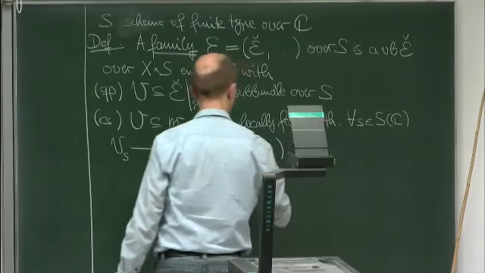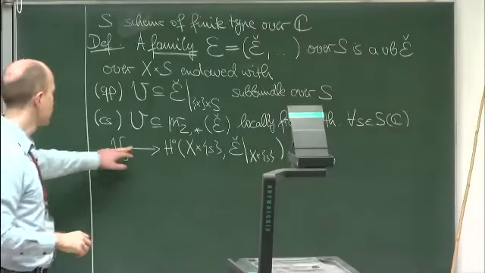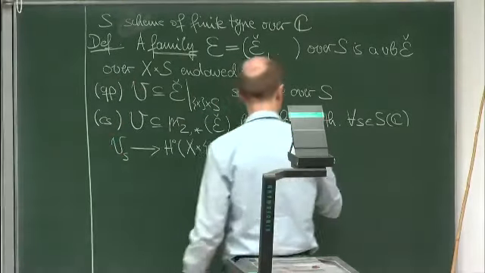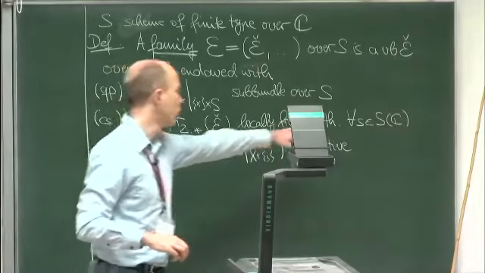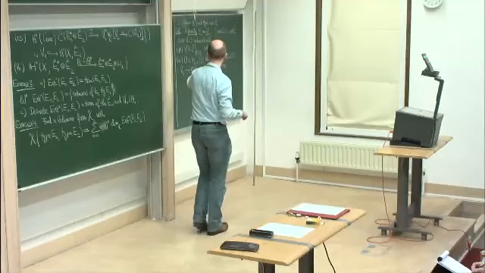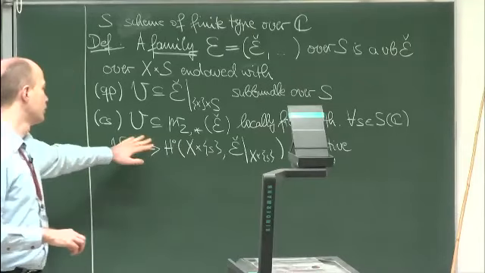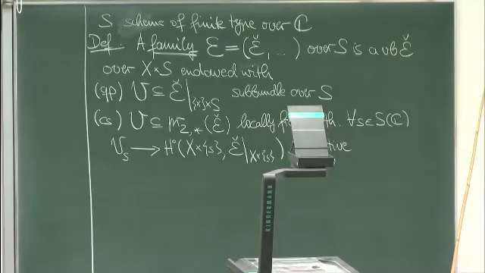And the condition is that this composition of the two maps is injective. In the end, you want a coherent system at every point, so at least you should have a vector subspace here. That is certainly necessary, and I think that's good enough to get a decent notion of family.